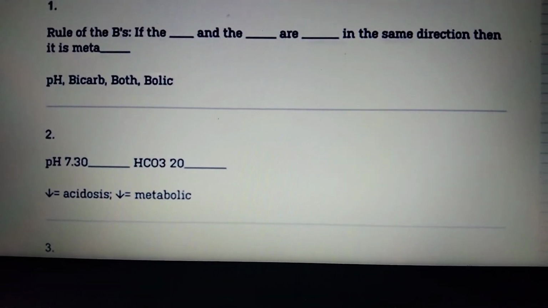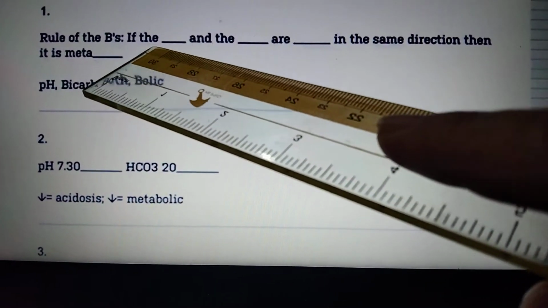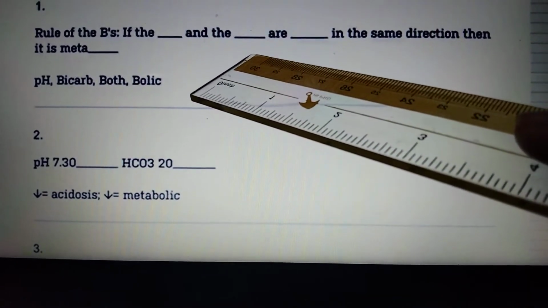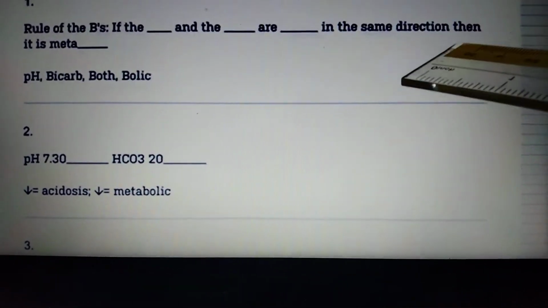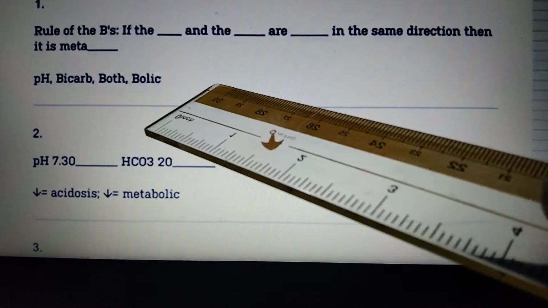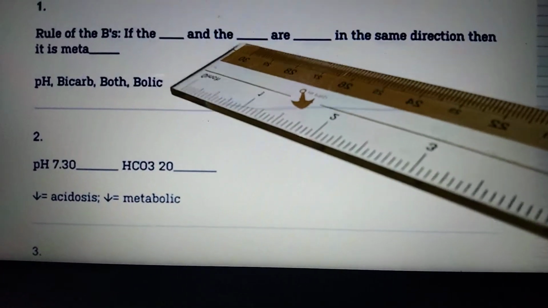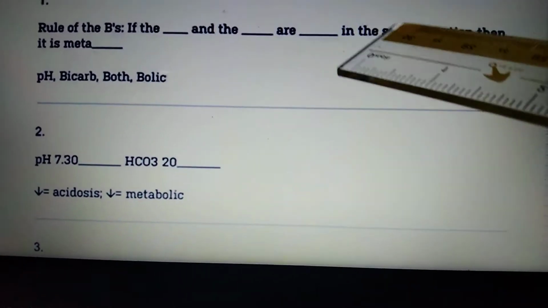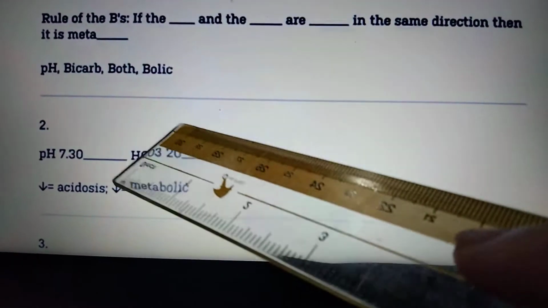He called it the rule of B's, because if the pH and the bicarbonate, or the HCO3, which is the B, are both in the same direction, then it is metabolic.